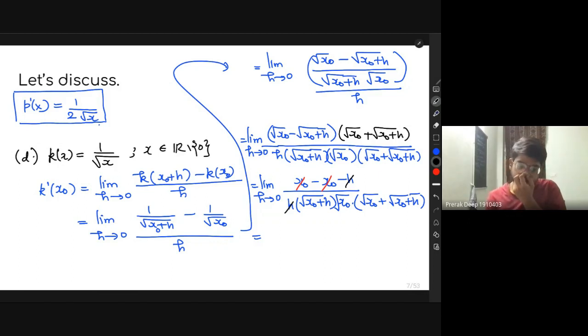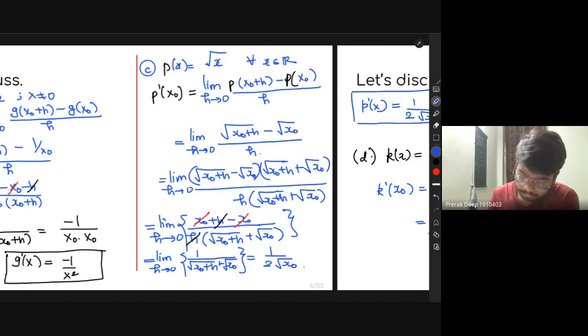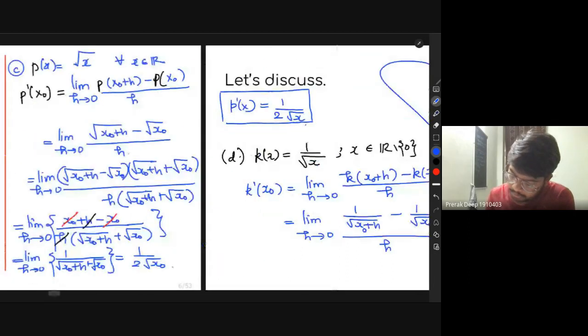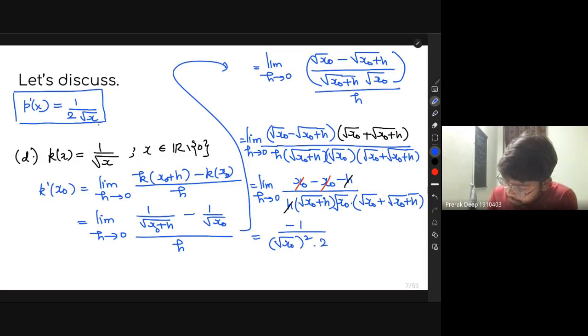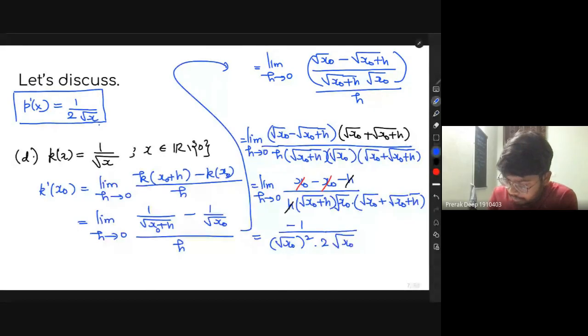At zero it's not defined. So as a result, I will get minus 1 over square root of x naught square times 2 times x naught. Okay, so this will be the answer to this question.